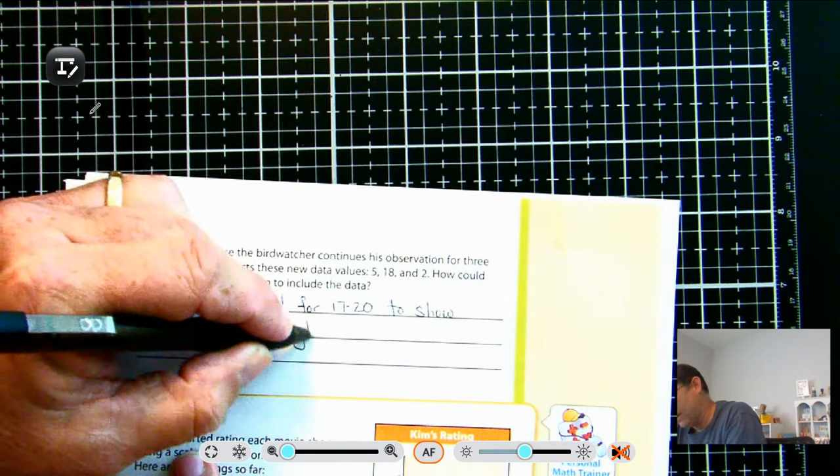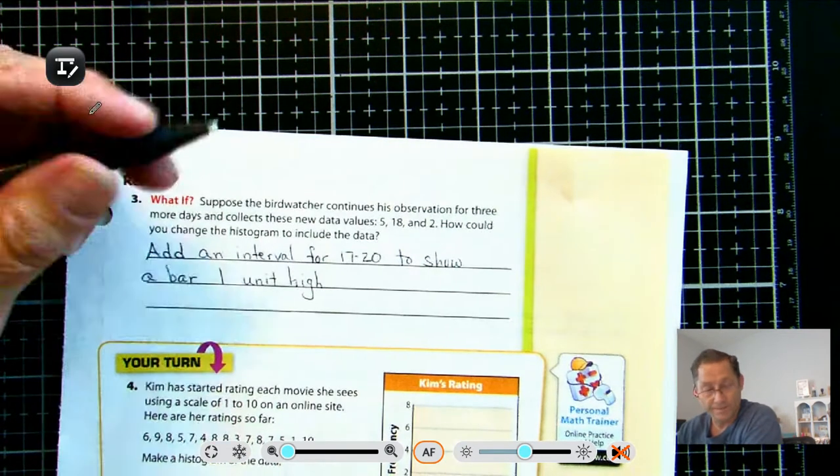And the 17 to 20 interval would be 1 unit high because there's only 1.